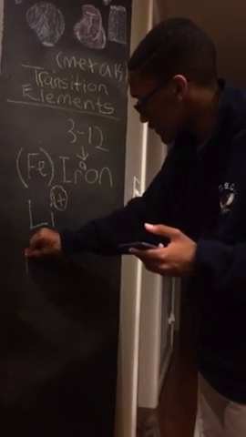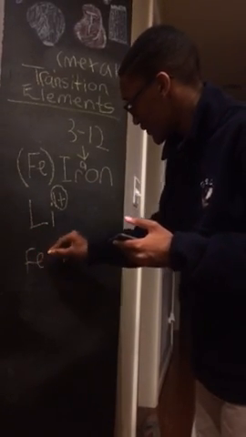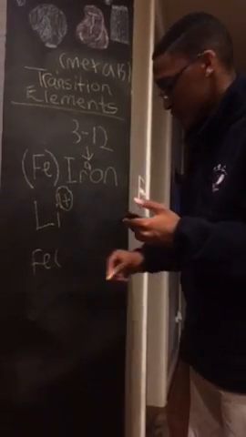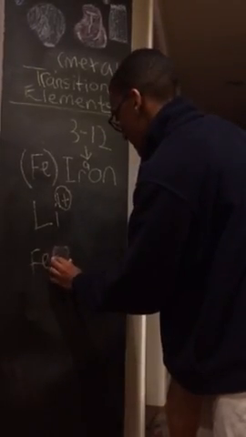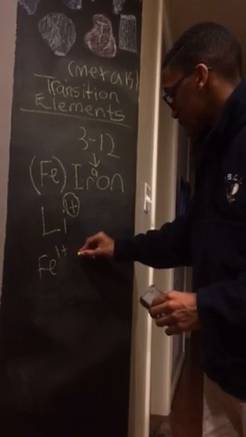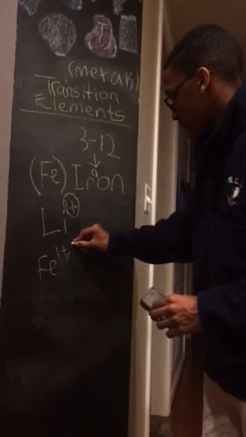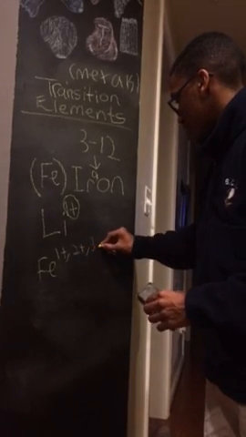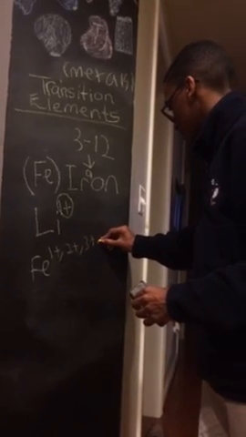As an example, you can have an iron with a charge of +1, +2, or +3, and etc.